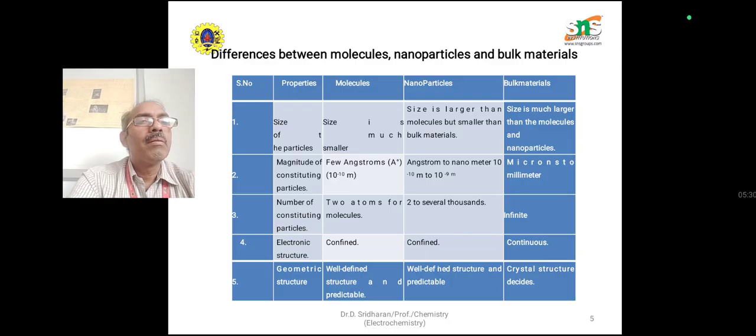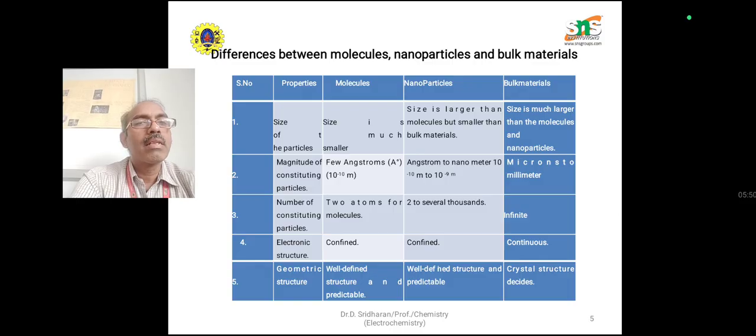Bulk materials are in millimeter. The next one, the number of constituting particles: 2 atoms for molecules, 2 to several thousands of molecules for nanoparticles, and infinite for bulk materials.